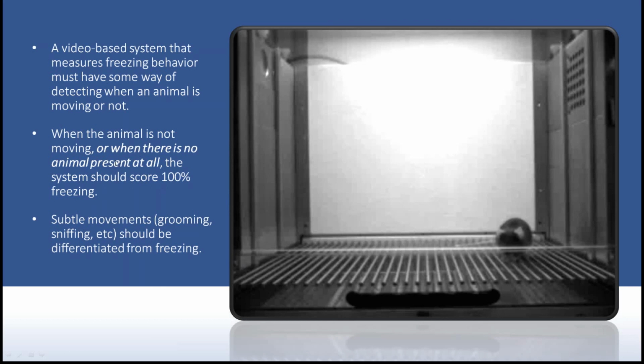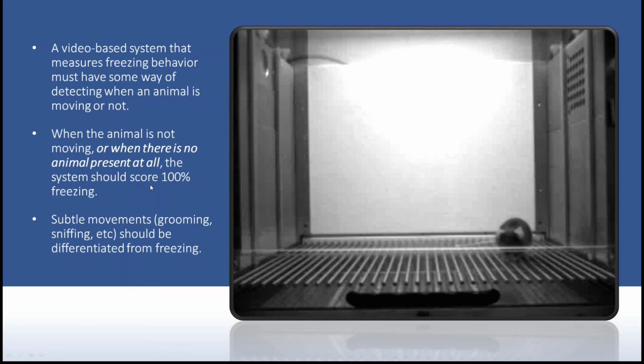If you're initially testing a new system for freezing analysis, one thing it would be advisable to do is just take a recording with no animal present and see what the system scores for freezing. In that case, you should get a score of 100% freezing, because there's, by definition, no animal, no movement.